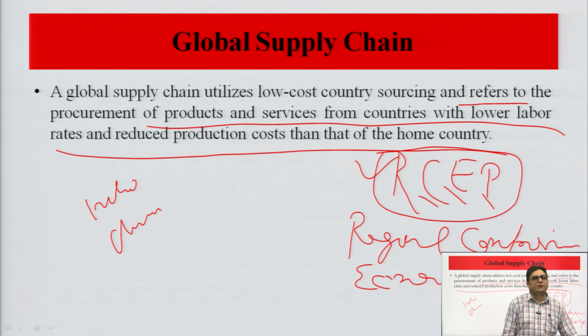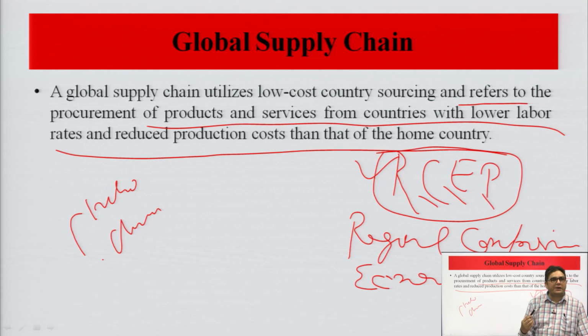Why has this reverse phenomenon occurred? It is because in India or China or in other developing countries, the cost of labor is low, and the total cost of production relative to Europe and America is much lower. This lower cost has helped these companies establish their manufacturing units in developing countries like India and China, and the manufactured items are supplied back to their home country.